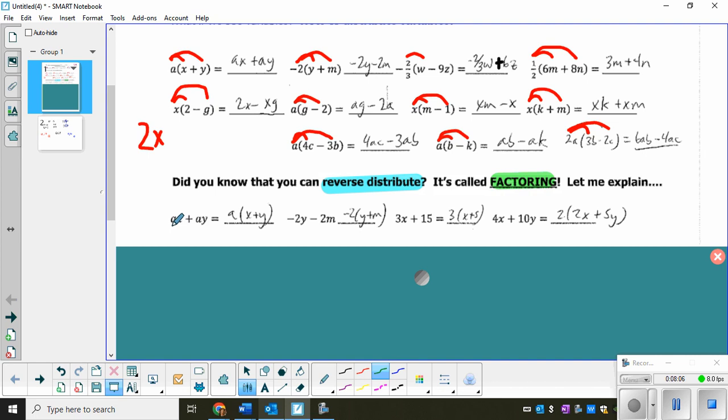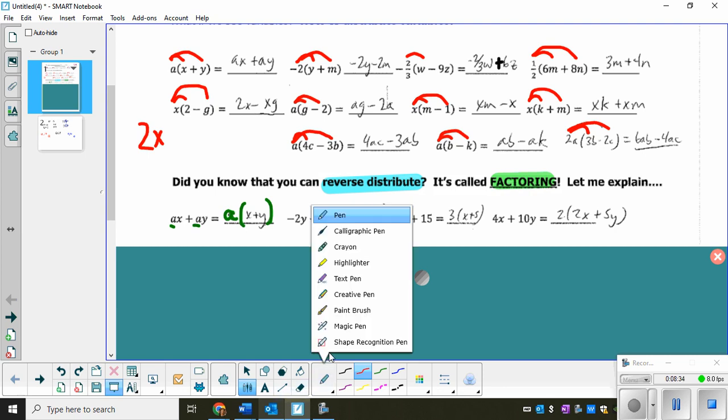Both of these terms have an A. So this is the greatest common factor, and this is the thing that's going to come out. And then what we'd be left with is x plus y inside the parentheses. And to check, if we were to distribute, we've got ax and then plus an ay. So to check, we're distributing, but to get the answer, we're basically undoing the distributive property.